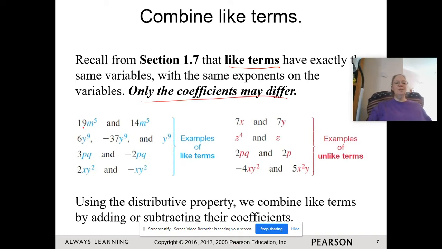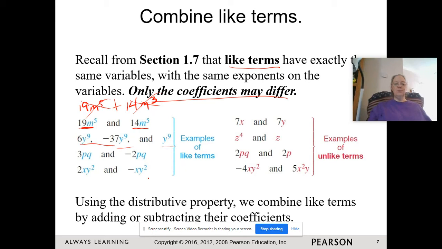So for example, if I have 19m to the 5th and 14m to the 5th, we would call those like terms. But if I had 19m to the 5th and 14m to the 3rd, these are not like terms. You cannot add or subtract them. You can't combine them. We could multiply them. That's not what we're trying to do here. We cannot add them or subtract them.